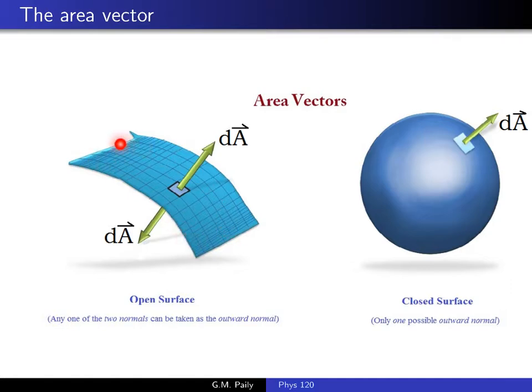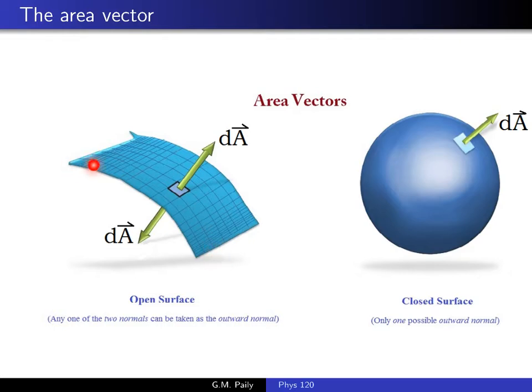Whereas for an open surface, which does not enclose volume, you can choose either one of these two normal vectors. Once again, a closed surface is a surface that encloses a volume. There is a clearly defined inside and outside. And we always pick our normal vectors, our area vectors, so that they point from the inside to the outside.